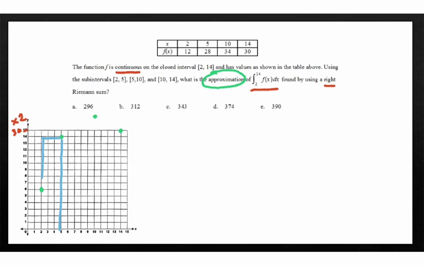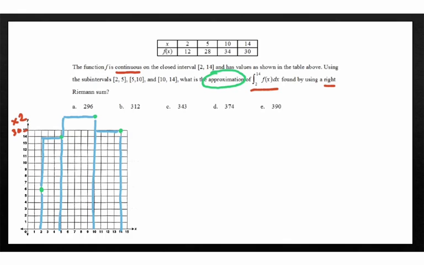So even though we know that at 2, we're down there at 12, we are using the upper right corner to make our rectangle. So between 2 and 5, I'm going to be using 5 as my height. Then we go from 5 to 10. So between these two guys, I'm going to be using 10 as my height. And between 10 and 14, I'm going to use 14 as my height.